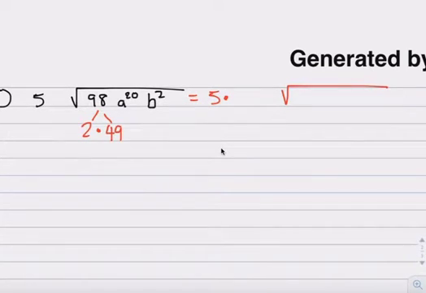That's 98, yep. And 49 is 7 times 7. Oh, look at that, 7 times 7, nice. 7 times 7 times 2. Now that gives you one pair of 7 that comes out.